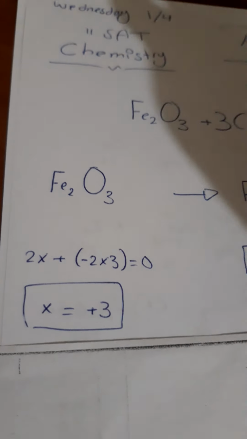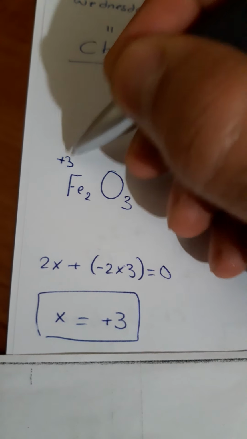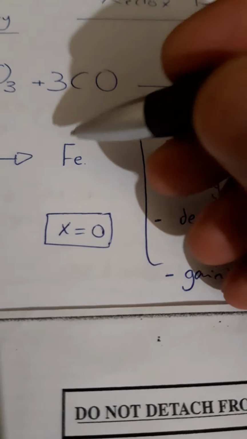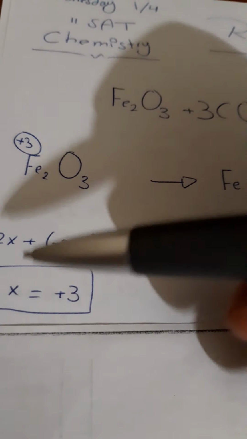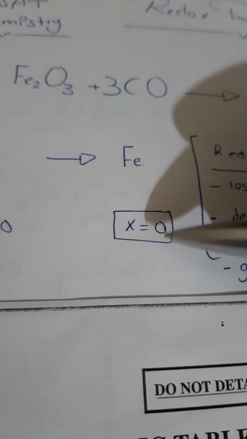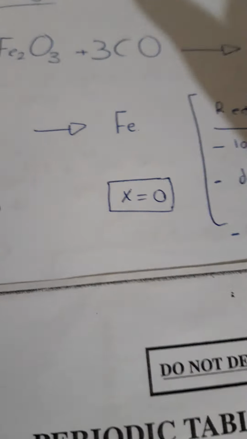I'm going to write it here to explain what I'm talking about. +3 for iron goes to 0, no charge. So the oxidation number decreases: it was +3 and became 0. A decrease in oxidation number, so this is a reduction reaction.